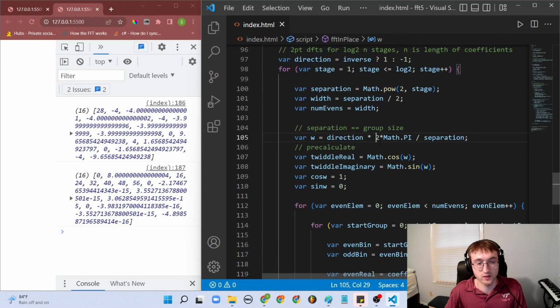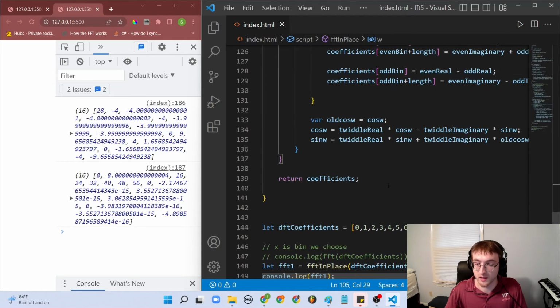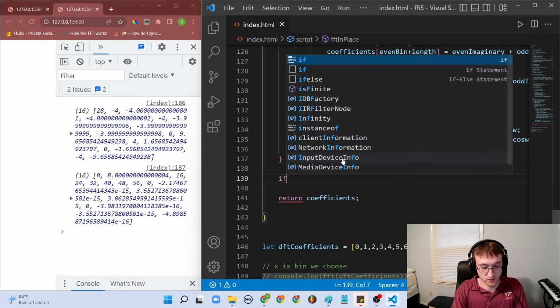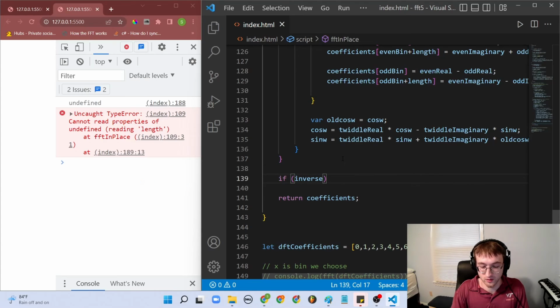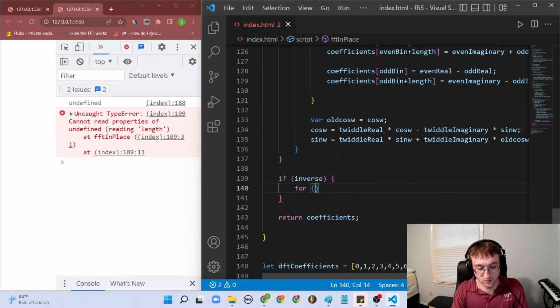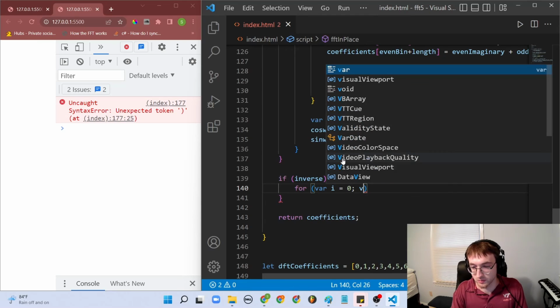All right, cool. And then if you notice, we're almost there. We just need to actually divide by the length. So if inverse, for, I could do a for each loop, but why not? This is closer to C++.